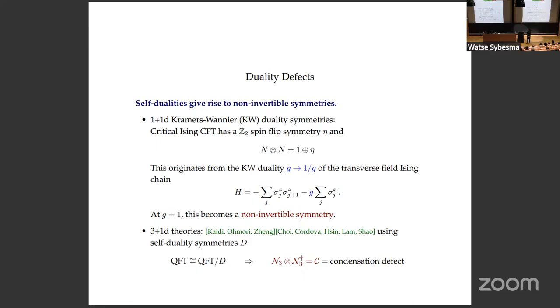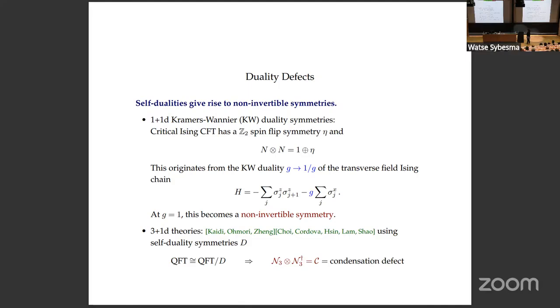The canonical example is the Kramers-Wannier duality in, for example, the transverse field Ising spin chain model. At the critical point, the Ising CFT has a symmetry which, when I square it, gives 1 plus another symmetry generator that's a Z2 symmetry. So that's a canonical non-invertible symmetry composition.